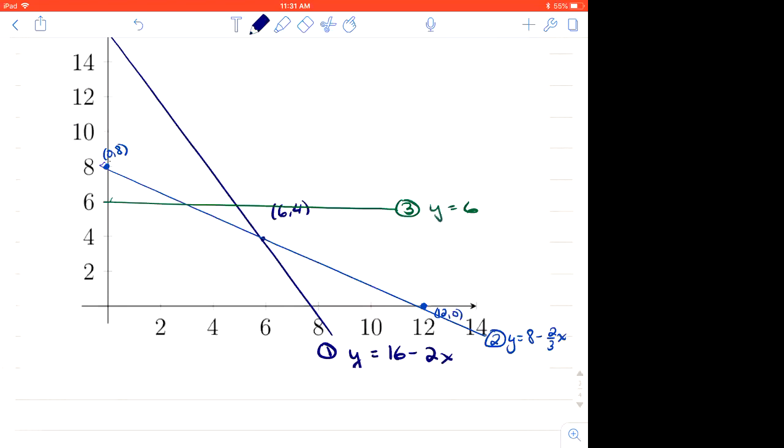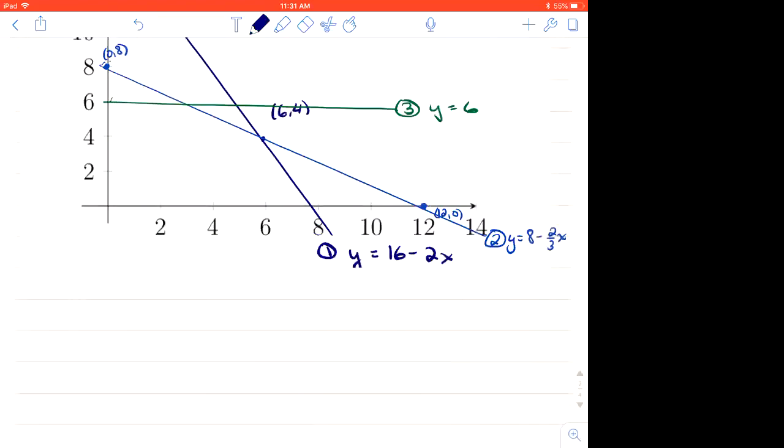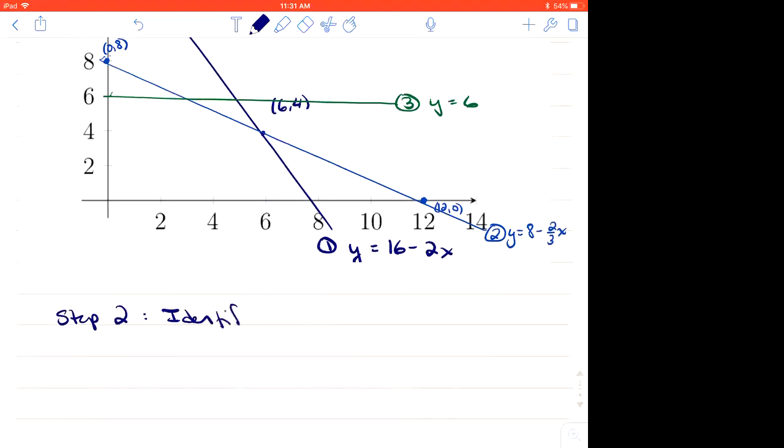So, step 2, right? We started with step 1, which was to draw all these restrictions on the same graph. Step 2 is to identify and find all points of intersection.